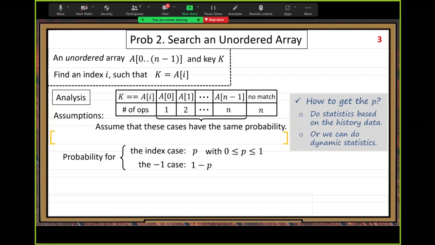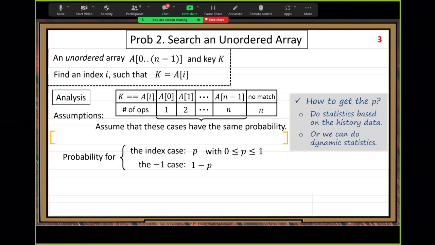In the real world, you collect the data in a dynamic process. When you apply the application software, the data keep coming in.